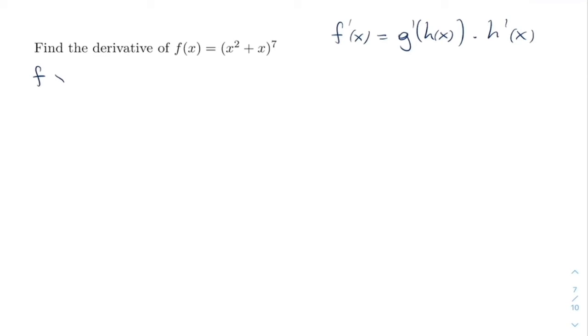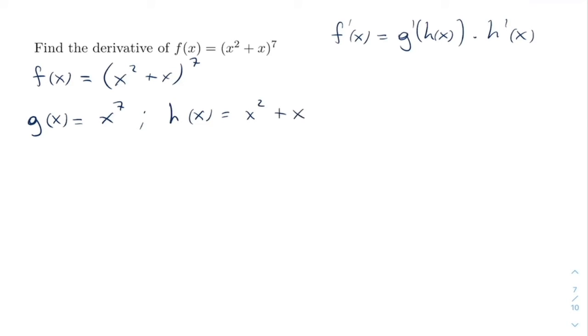So we have that f of x is x squared plus x to the power 7. In this case, we can write this with g as x to the 7 and h as x squared plus x. So this gives us that f of x is equal to g composed with h.